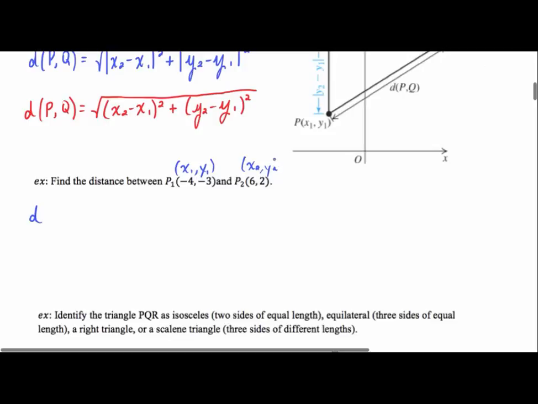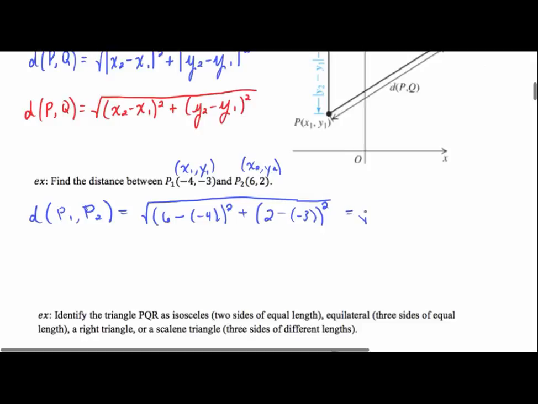Okay, so then the distance between P1 and P2 is equal to the square root of, okay, x2 minus x1, that's 6 minus -4, all squared, plus y2 minus y1, which is 2 minus -3, all squared.